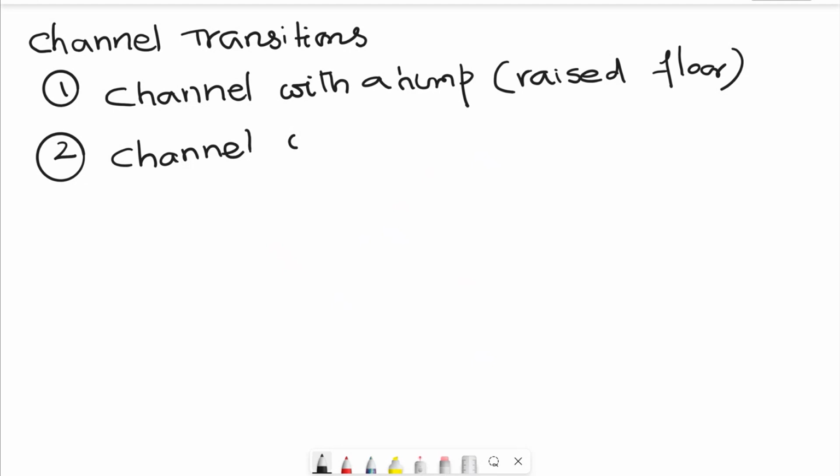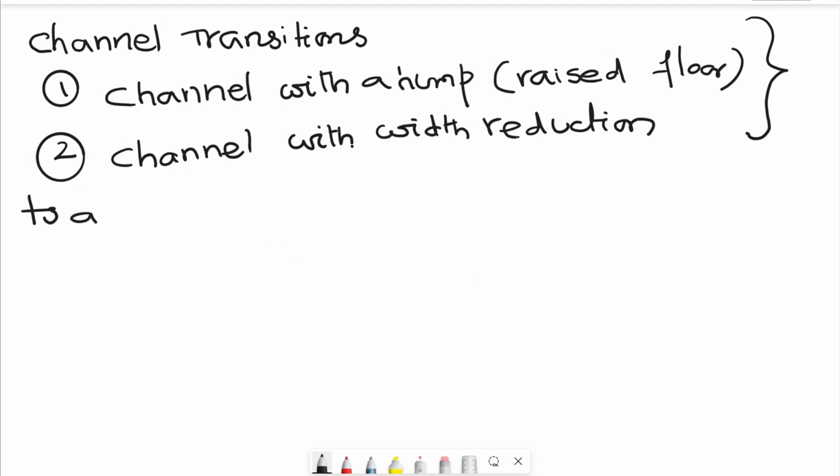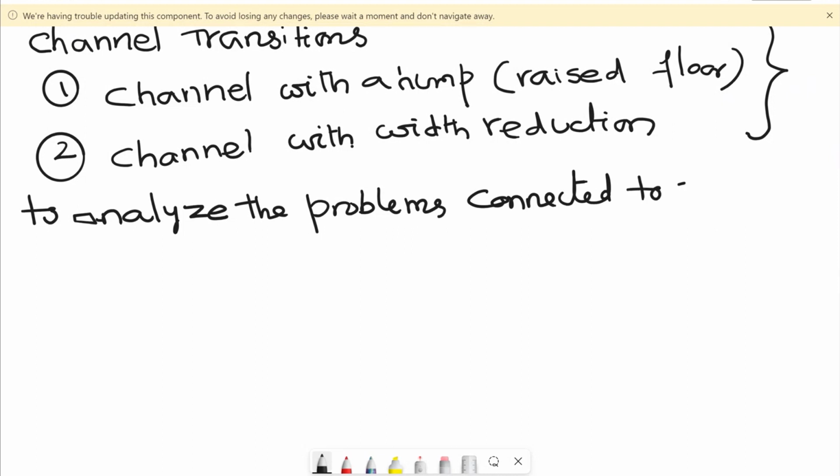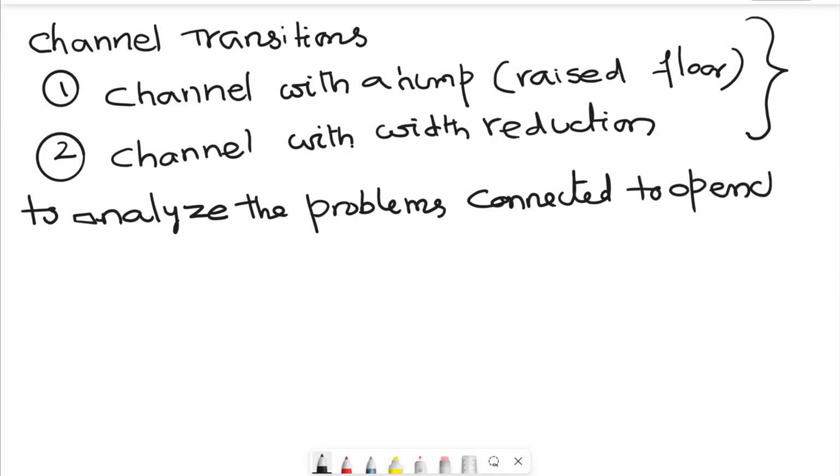This is generally what we study to analyze the problems connected to open channel flow. And what concepts do we use?